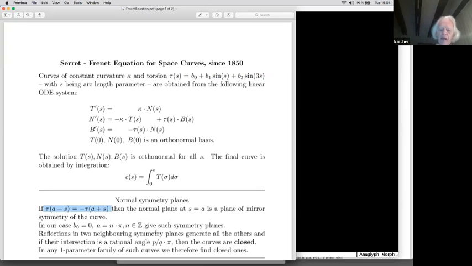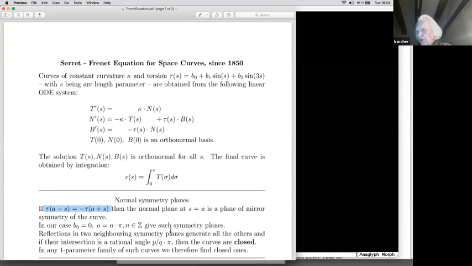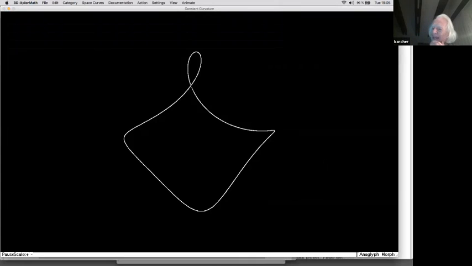Yeah, okay. Then the normal plane of the curve is the symmetry plane of the curve. And if you have two of those, then reflection of the first plane in the second will produce a third one, and so on. If the first two intersect with a rational angle, then automatically these curves will close.